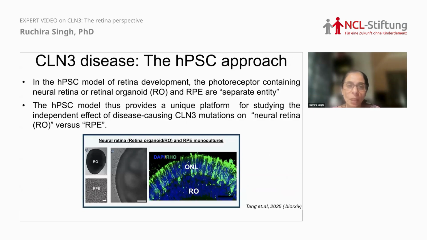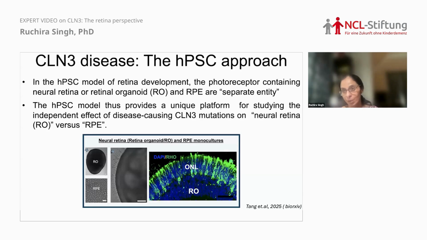So in the pluripotent stem cell derived model of retinogenesis, the retinogenesis occurs slightly differently than how it happens in vivo, in that the neural retina, which includes the photoreceptors and all the other retina neuronal cell types, and the support epithelium, the retinal pigment epithelium, are separate entities.